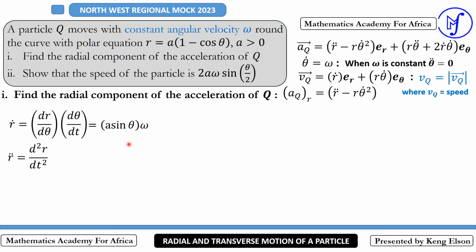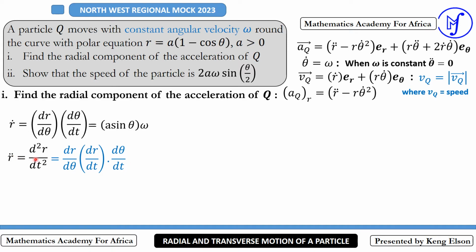Now what about r dot dot? R dot dot is simply d squared r by dt squared, meaning that we differentiate r 2 times with respect to time, or we differentiate r dot 1 time with respect to time. So we are going to use this transformation, and every student should note this transformation because it is very useful.